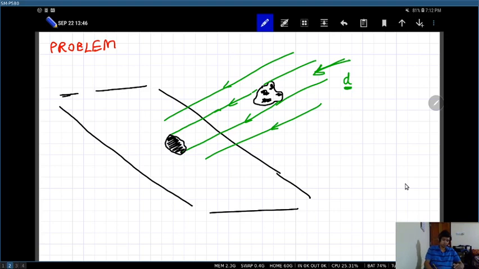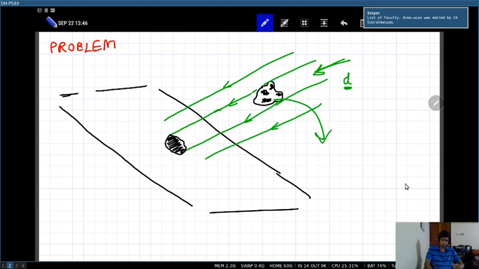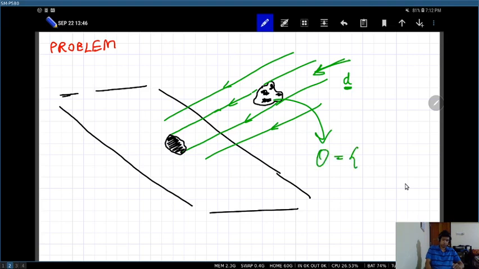So basically, suppose I describe this object, let's call it O. So O is described by some set of vectors.